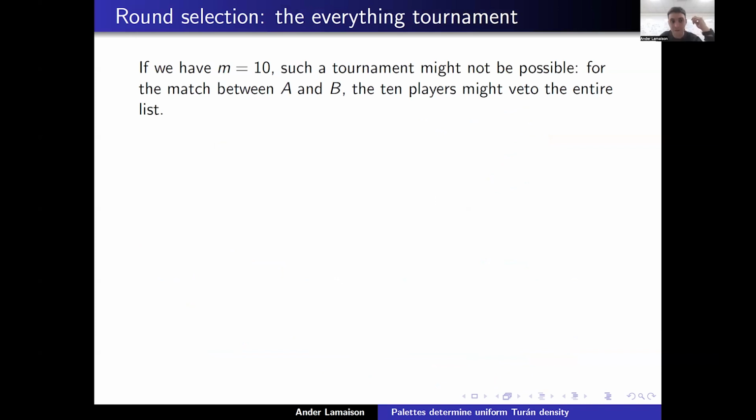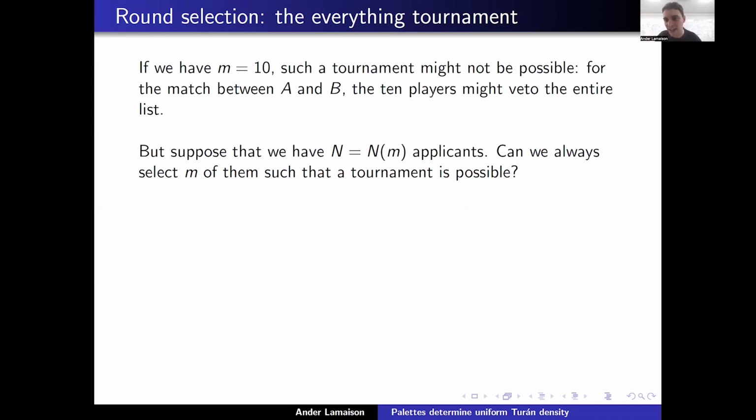Now, of course, if we have 10 players, this might not be possible. For example, it could be that for two specific players, A and B, each of the 10 players is vetoing exactly 10% of the list, and those 10 cover it, then we are not going to succeed.